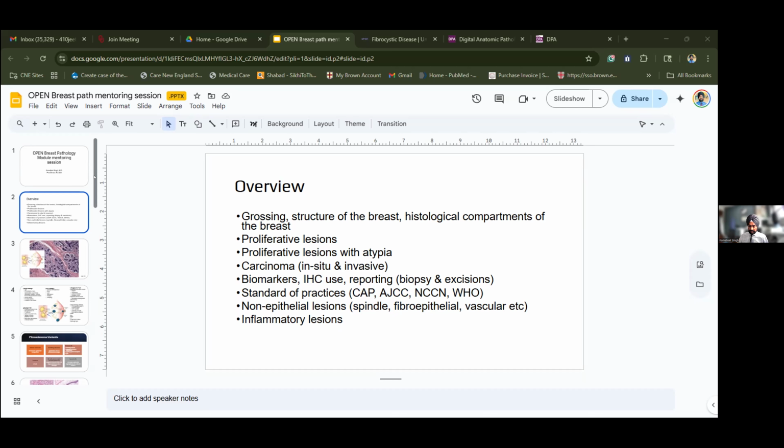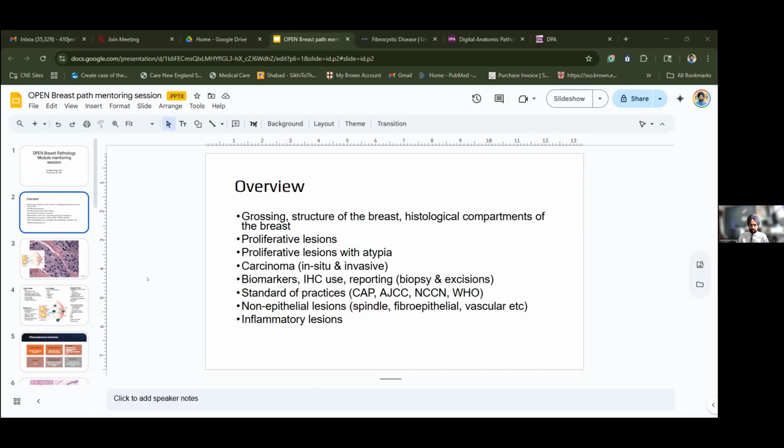So that's going to stay. However, we are going to add a lot of pathology language, a lot of terminologies. So in this module, like any other tissue in your body, you will learn the language of hyperplasia or proliferation, then atypia, and then when a proliferative lesion turns into a carcinoma.